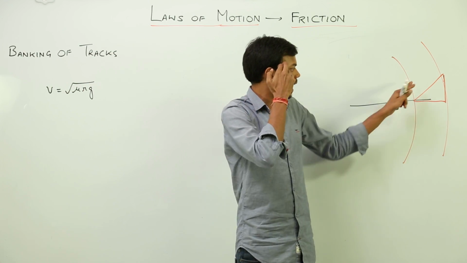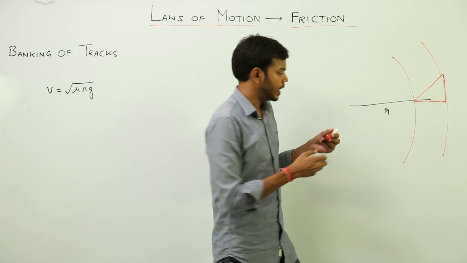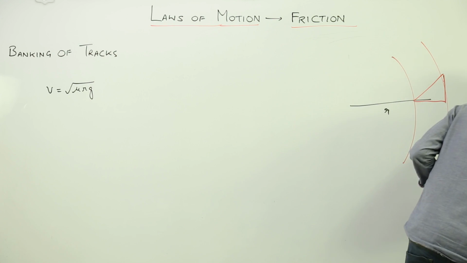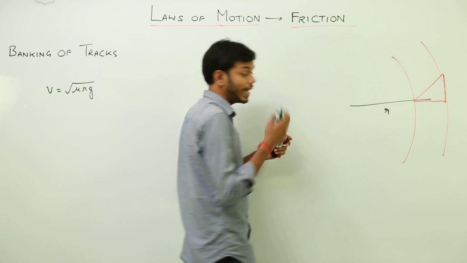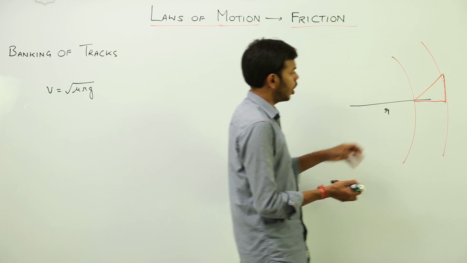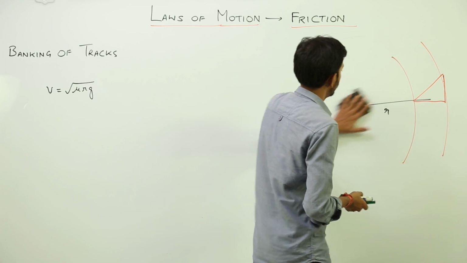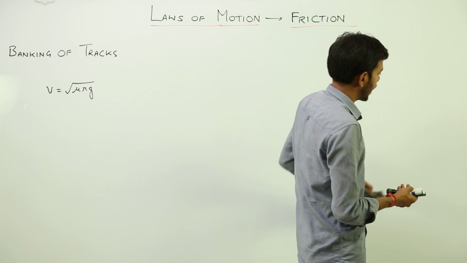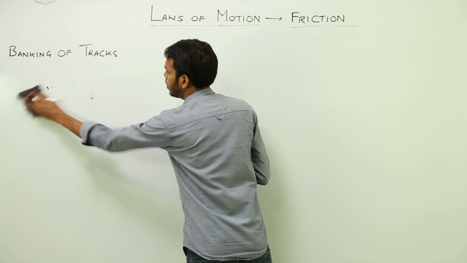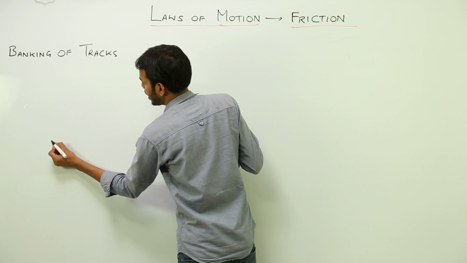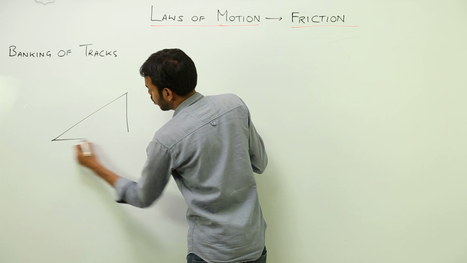Now, if you draw a free body diagram in this, have a look. I want to make a bigger diagram so that all the forces are quite well visible, so let me make the diagram only for the road. This is our levitated part of the road, or the raised outer edge.